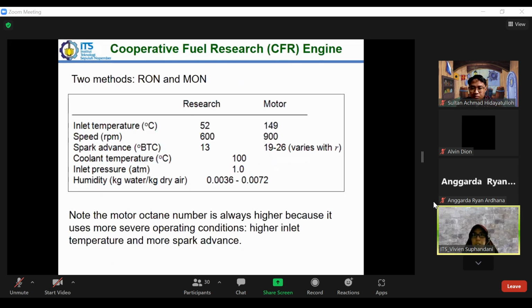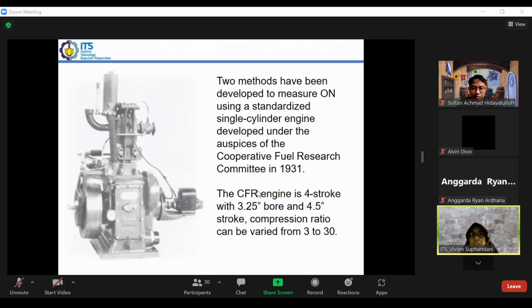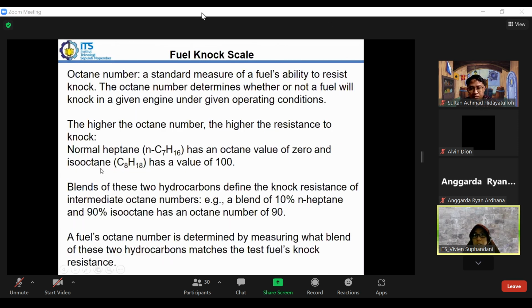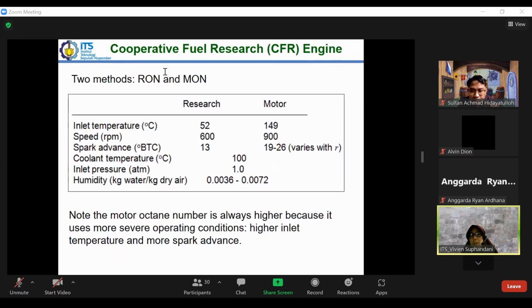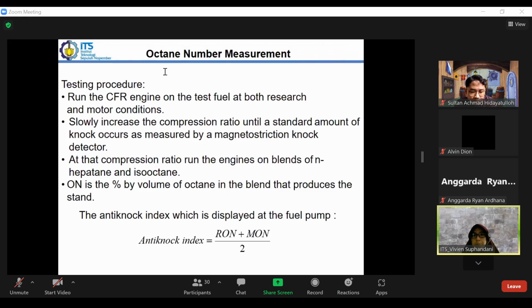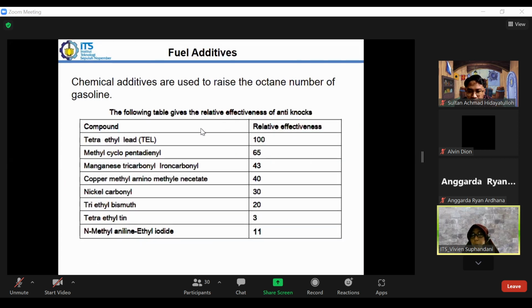It cannot be calculated from the composition as shown here, but we compare the knock index, which is similar to 100% isooctane. We test in this engine and see what value is measured by this detector, so the maximum will be 100.